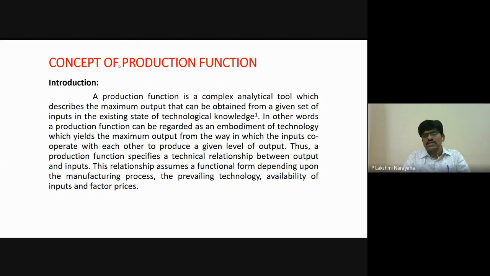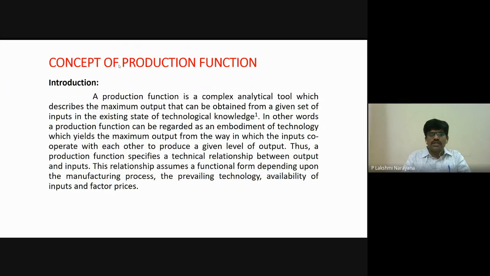A production function is a complex analytical tool which describes the maximum output that can be obtained from a given set of inputs in the existing state of technical knowledge.